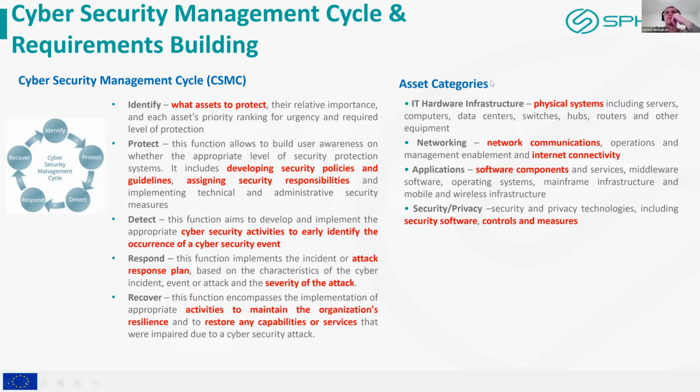First, we have the hardware infrastructure, which comprises several physical systems like data centers, switches, hubs, routers, etc. Then it's the networking equipment, the internet connectivity, the applications. Apart from the information systems, we have also other software that is crucial to enable mobile and wireless infrastructure.